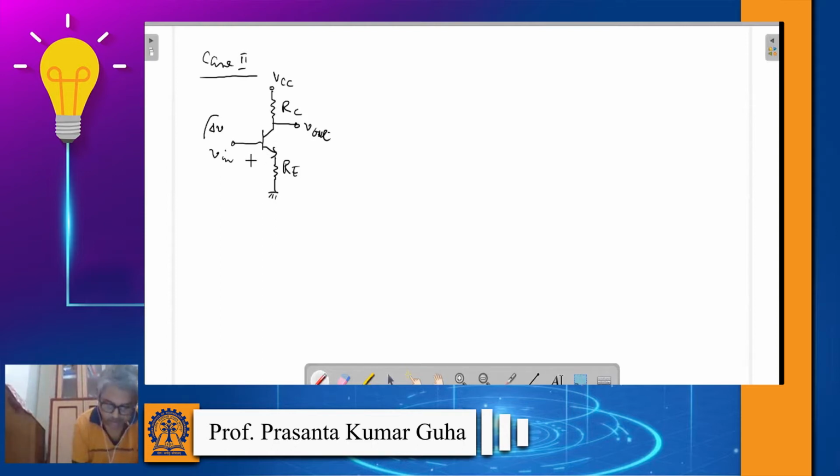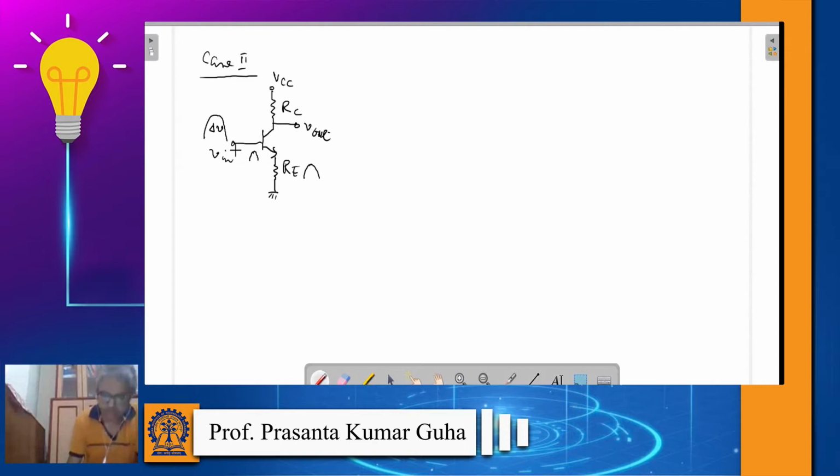A small part will be across this base emitter voltage, okay, and the rest will be across RE, okay. So in other words, RE is absorbing some part of the input signal change across it, okay.